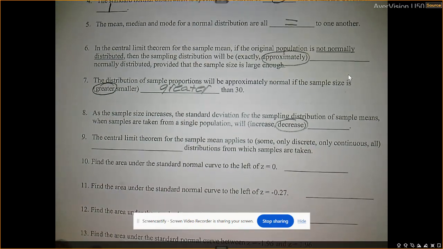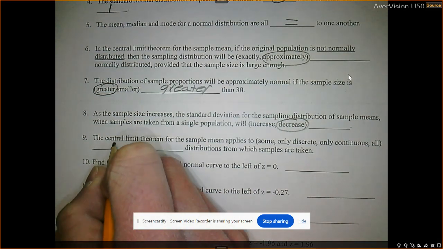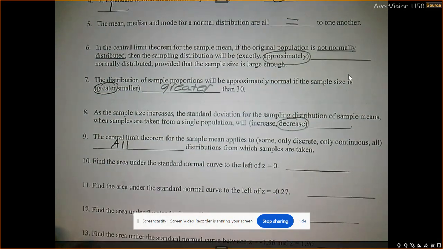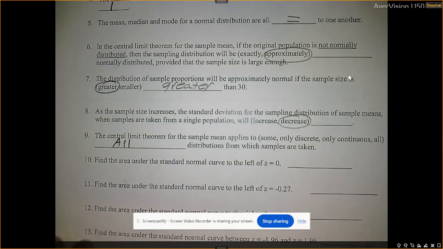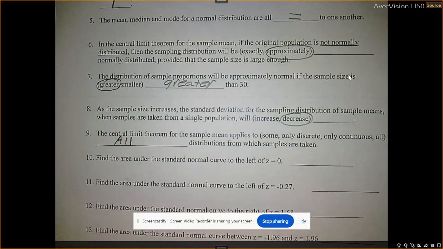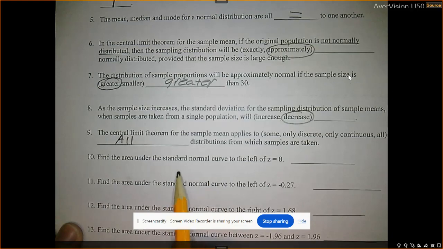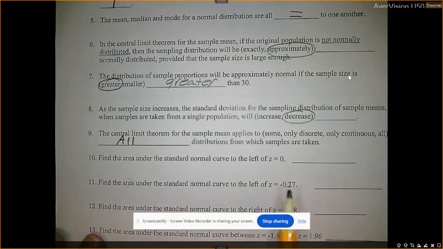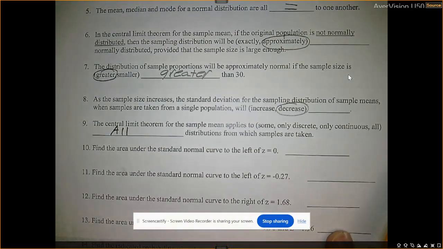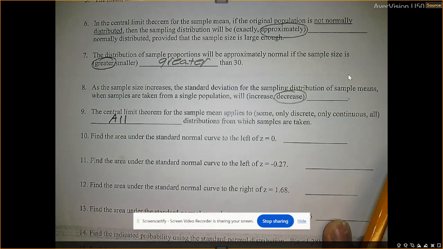Okay. The central limit theorem for the sample mean applies to some, only discrete, only continuous, or all distributions from which samples are taken. It is all distributions. All distributions does not just have to be continuous, does not just have to be discrete. It's all distributions. Okay, find the area under the standard normal curve to the left of z equals 0. Well, for this one, honestly, you don't even need your calculator. If you're talking the standard normal curve, the z-score of 0 is right in the middle.